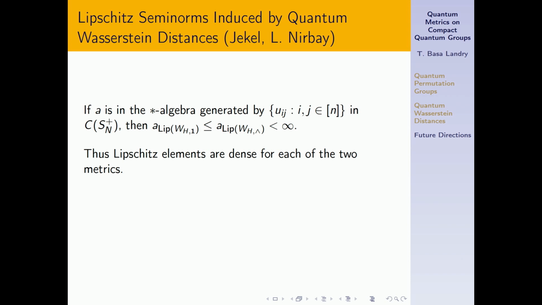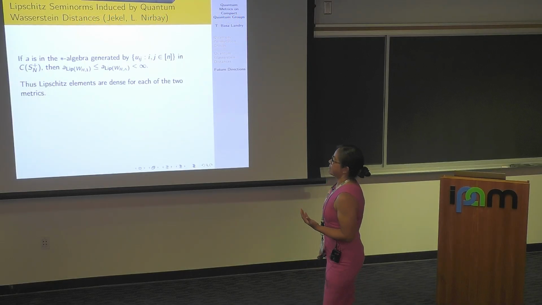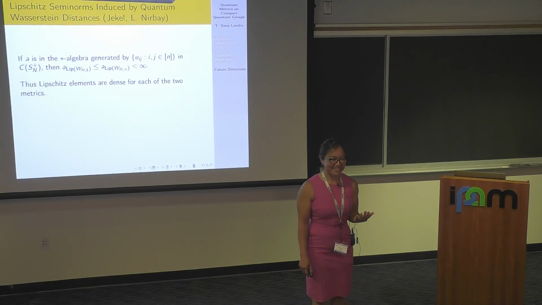So taking inspiration from the history of quantum metrics as developed by Kahn and Riefel, it's natural to consider Lipschitz elements with respect to our quantum metrics. And so we don't know if we have a quantum metric in the sense of Riefel, but at least we have one of the requirements, which is that Lipschitz elements are dense.